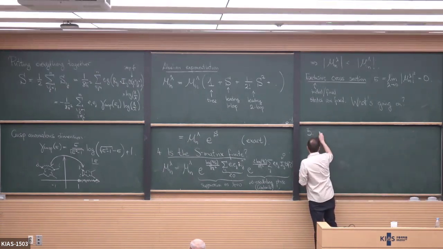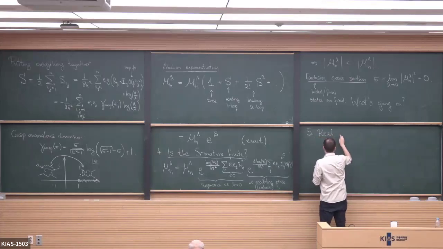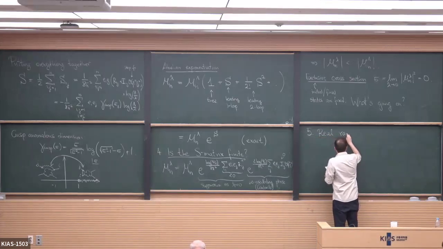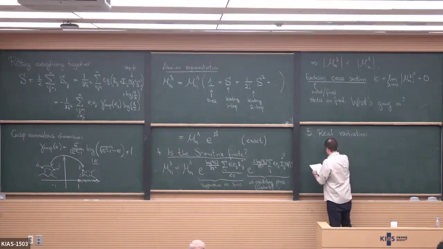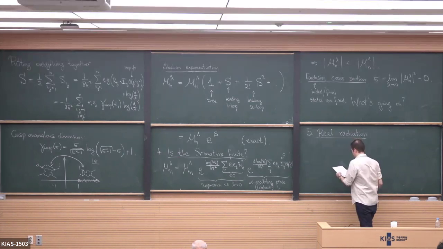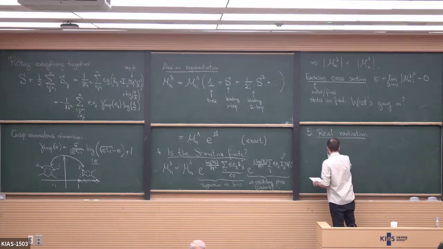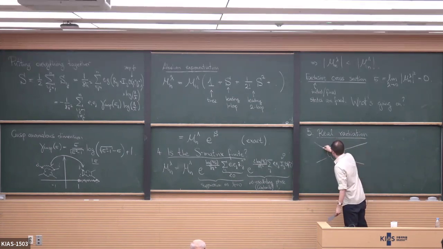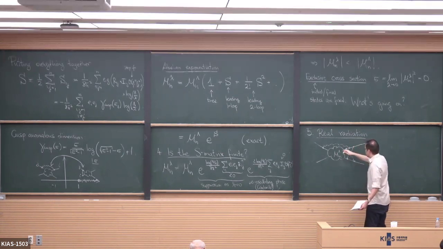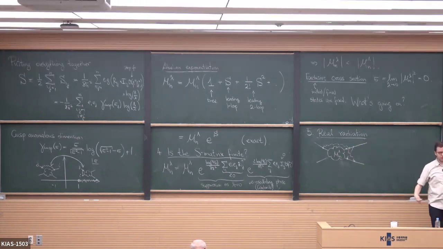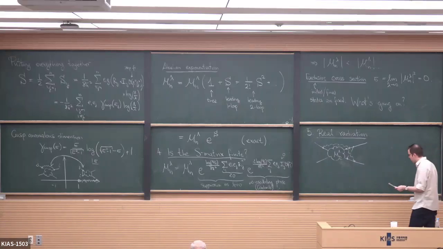Okay, so this is the next part, including real radiation. In a sense, we've done this computation, in which case we've not done it explicitly, but I said in words that we've included all possible virtual stuff that builds up our amplitude or cross-section.